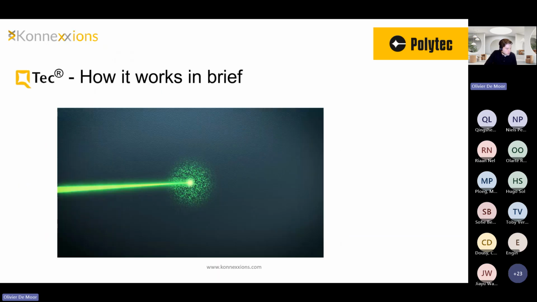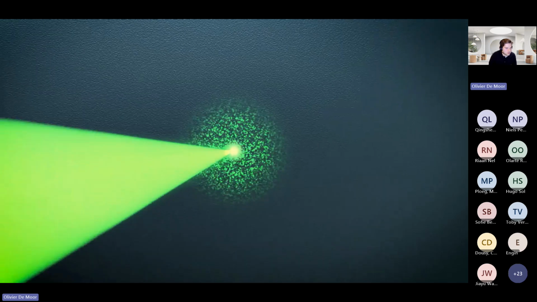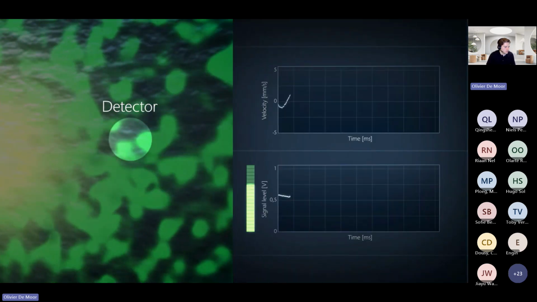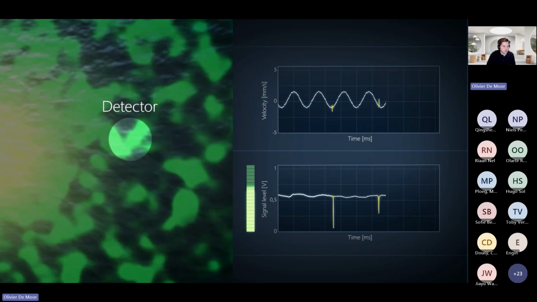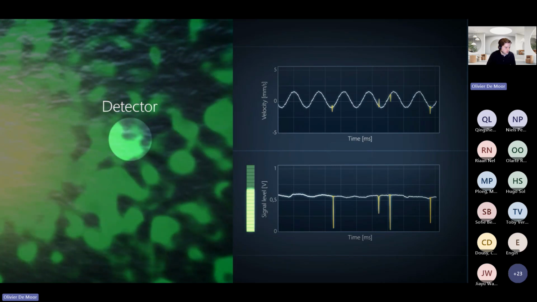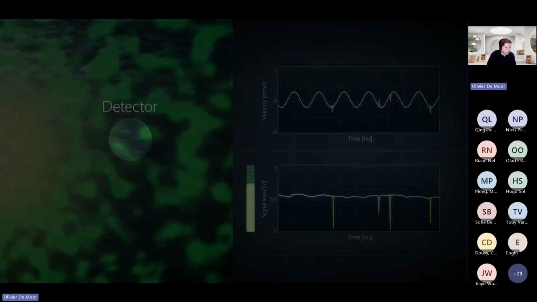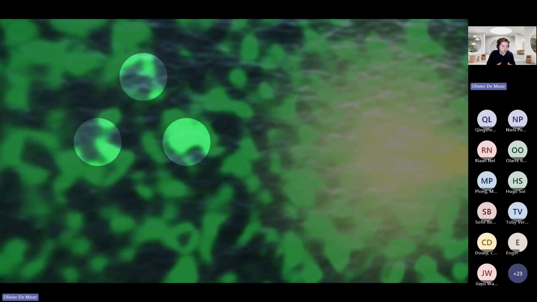So how does QTec work to overcome this? Here you see a typical speckle pattern, and there will always be some lateral movement of your sensor head or of the object, which will cause a change in speckle pattern. And this will cause dropouts in your time signal. With QTec, we're going to look from different perspectives or slightly different angles to the same point.